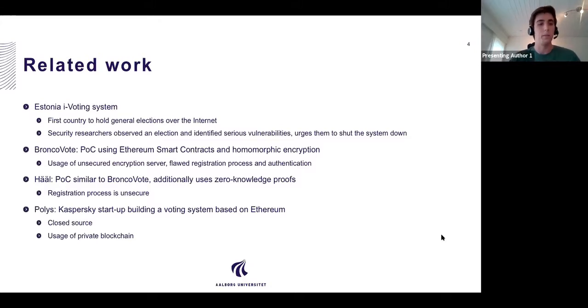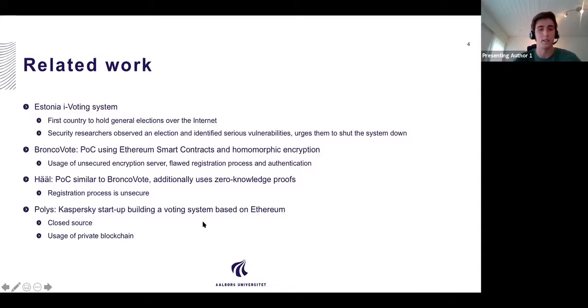Then there's a similar project called HAL. It is also a proof of concept with similar ideas such as homomorphic encryption, but in addition, it uses zero-knowledge proofs. It is also a proof of concept, so therefore there are also some flaws in there.